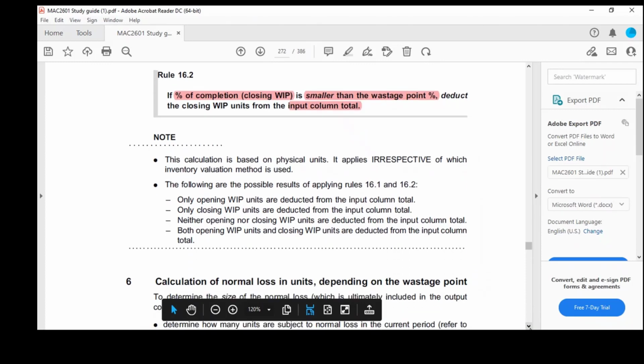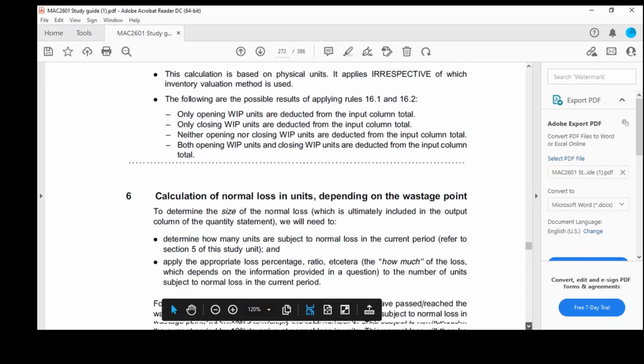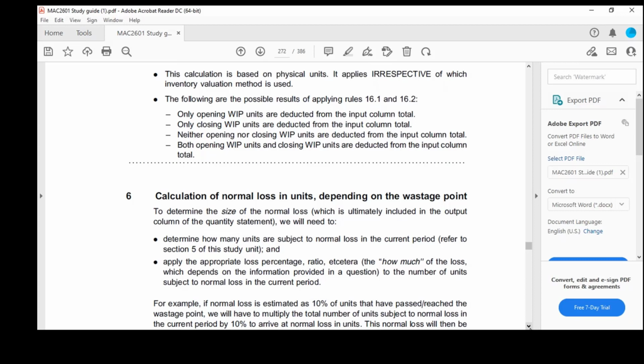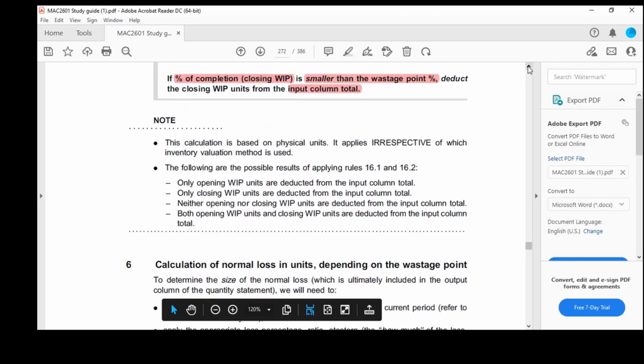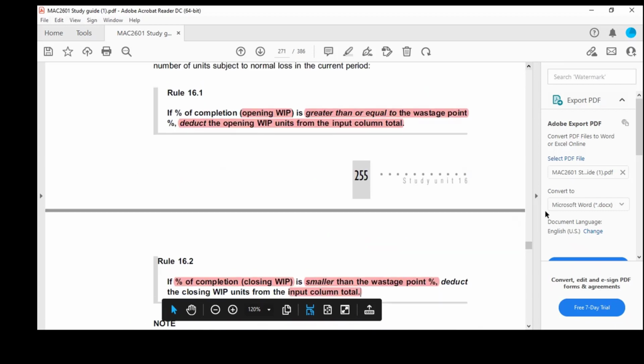Okay. Sorry, ma'am. Please go back to rule number 1 again. Thank you. So it's saying if your opening WIP percentage is greater than or equal to the wastage percentage, you deduct your opening WIP from your input column.